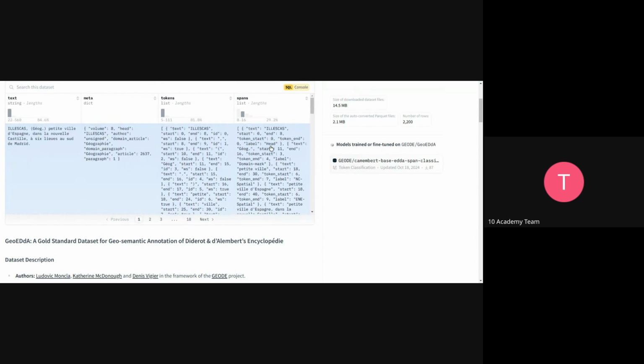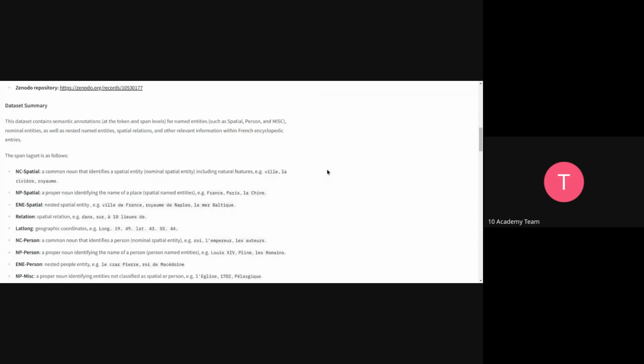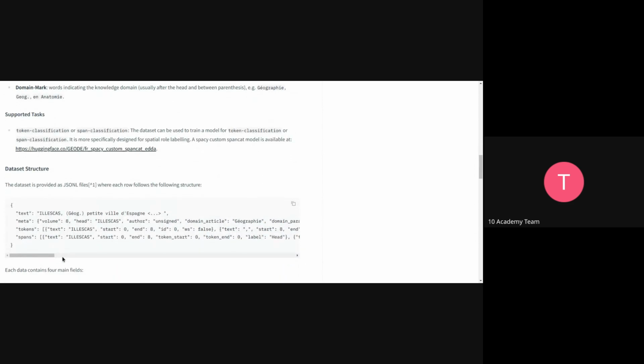Of course, they are not the same as your case, but there are labels for each span, like a person or a common noun, and different tags.